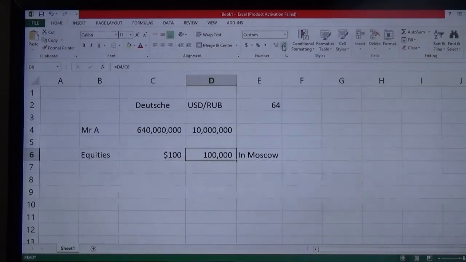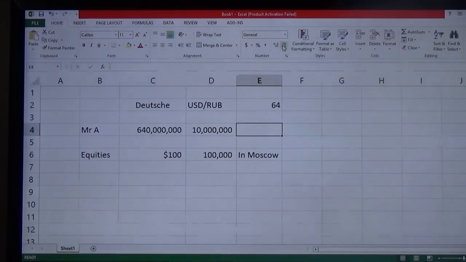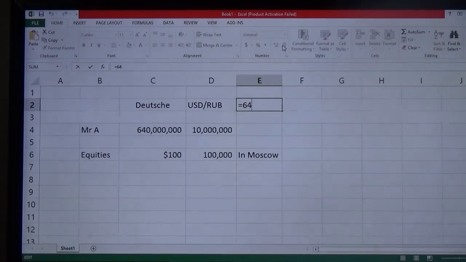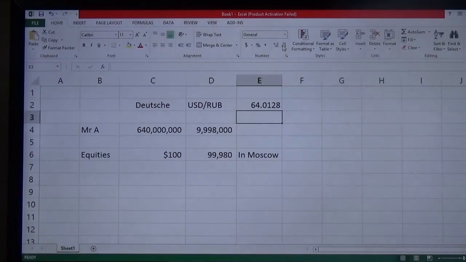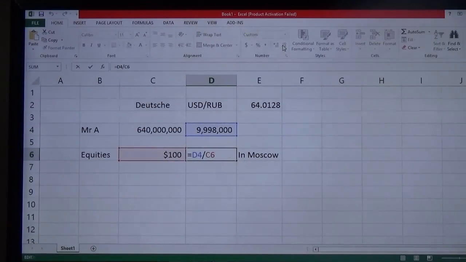Now suppose you paid a commission, assuming a commission of 0.02%. Then you should add this here: multiply by 1 plus 0.02%. Then your total equity buy is 990.80. That much amount of equity you bought.